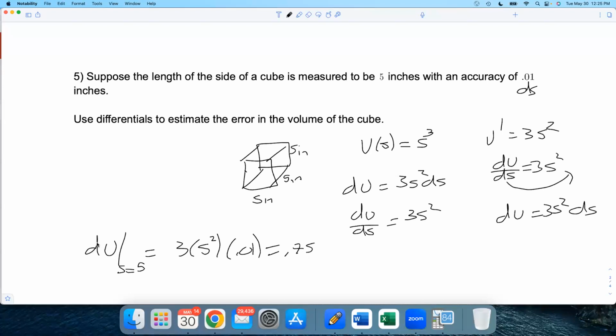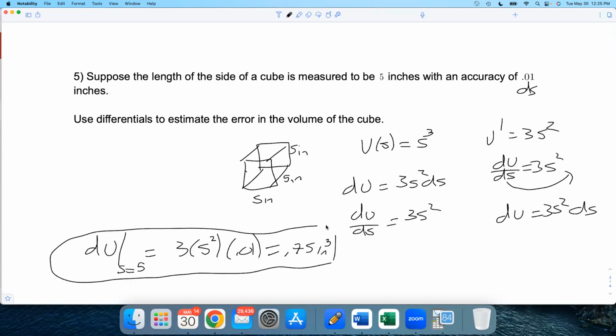Now, we're estimating an error in volume. Volume is in cubic units, so this would be inches cubed. This machine can get within an accuracy of 1/100th of an inch when it machines out a cube. So what's the approximate maximum error in our volume? About 0.75 cubic inches. The whole thing has a volume of 125 cubic inches.